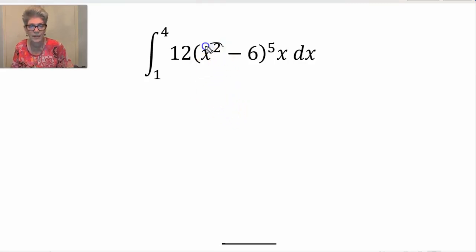And so when I look at that, the first thing I think, well, the derivative of that is 2x dx. And we've got an x dx there. So, and of course the derivative of a number by itself is just 0. So I'm going to rearrange this.